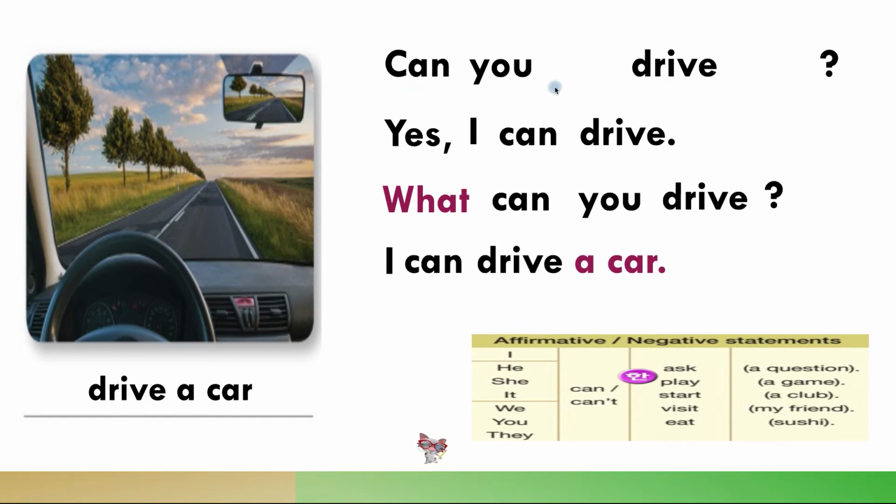You could say, can you drive a car? That's okay. But people usually ask, can you drive? And you say, yes, I can drive. What can you drive? I can drive a car. Me, I can drive a motorbike. Professor Neil, I saw you riding a red Vespa. Wonderful. I love to drive my motorbike.